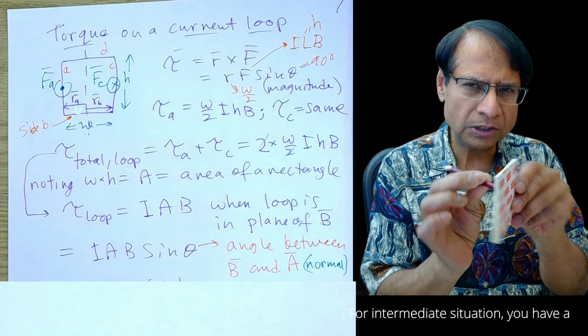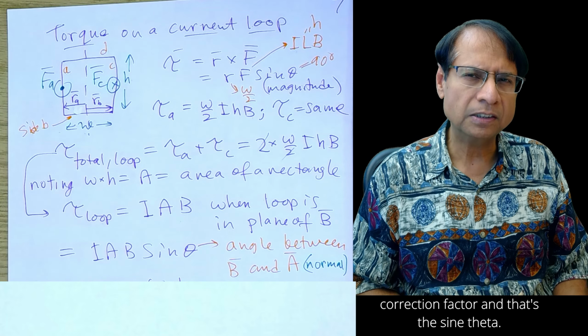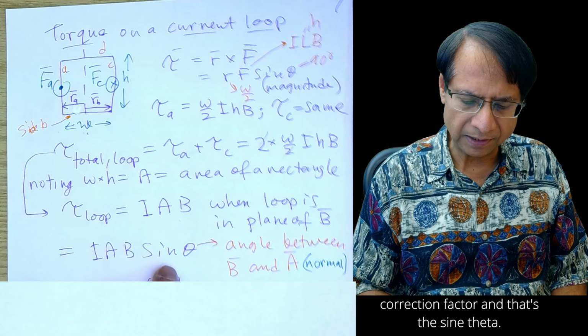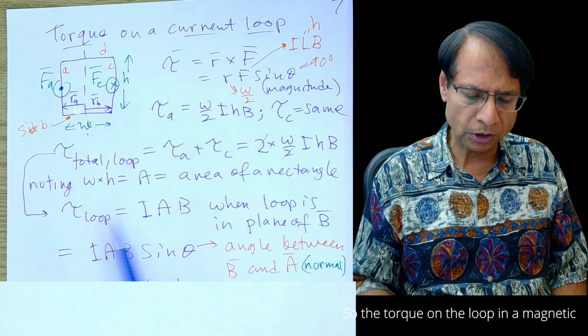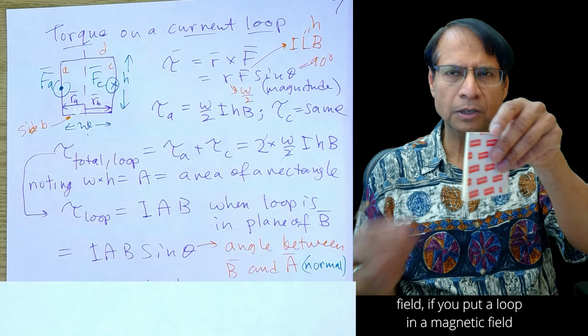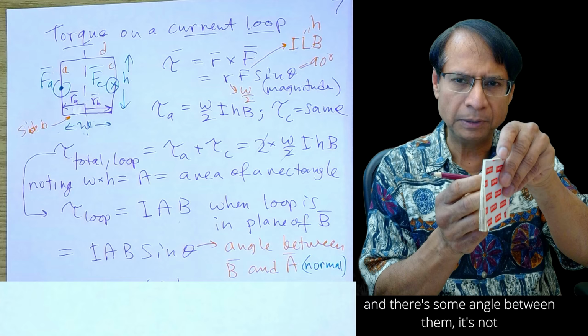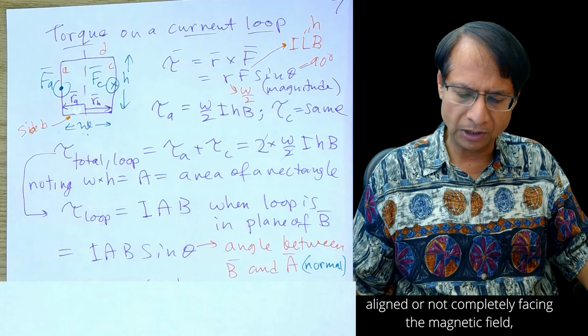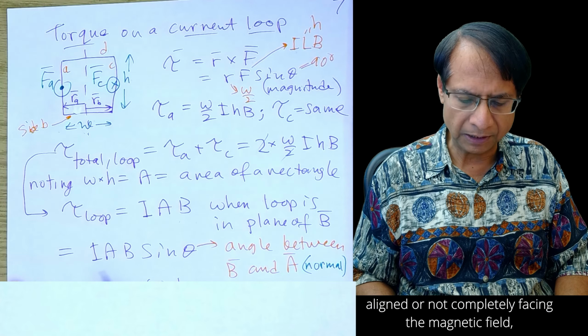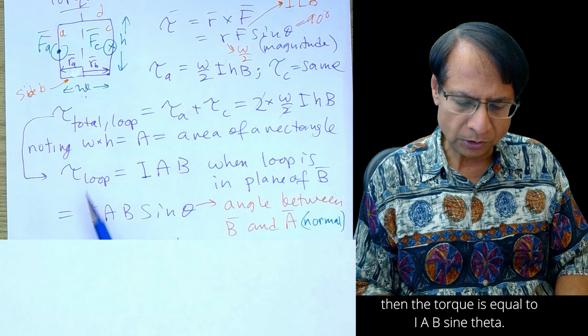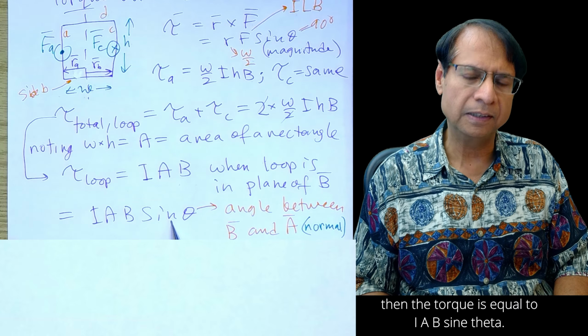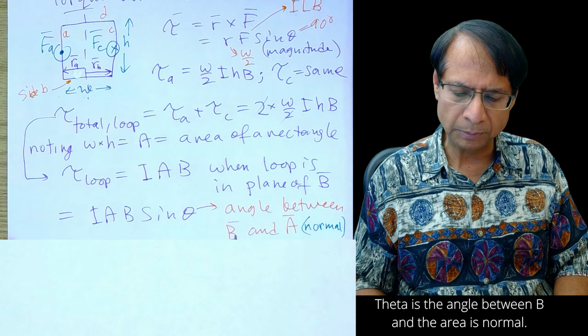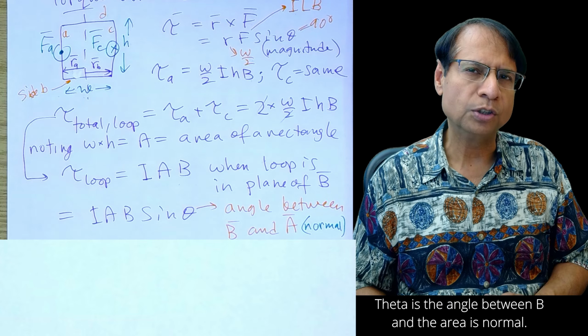For intermediate situations, you have a correction factor, and that's the sine theta. So if you put a loop in a magnetic field and there's some angle between them, it's not completely facing the magnetic field, then the torque is equal to IAB sine theta. Theta is the angle between B and the area's normal.